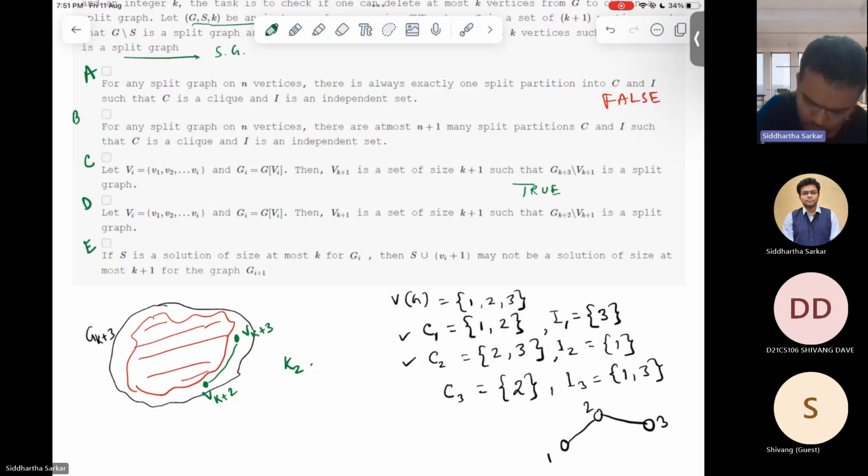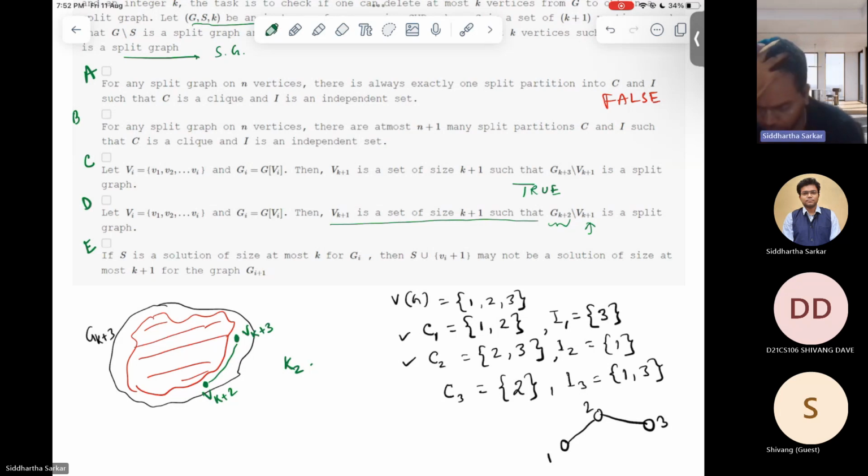The next question is similar. It is saying that if you have P k plus 1 as a set of k plus 1 vertices, okay, so it's saying that there exists a set of k plus 1 vertices V k plus 1 such that if you remove these vertices from G k plus 2, then you have a split graph.